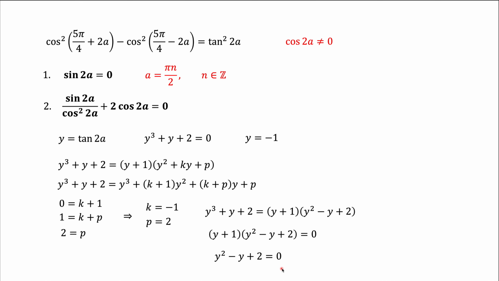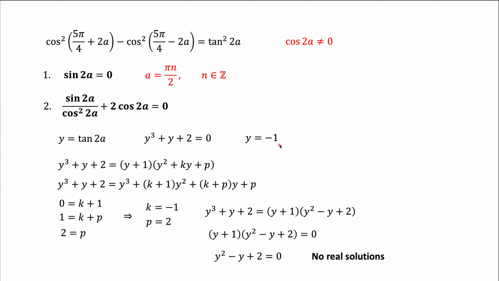Now, I'm not going to go into these details. I presume you know the formula for a quadratic equation. And if you apply that formula, you find that there are no real solutions. So really what it tells you is that the only real solution for this polynomial is y equals -1.